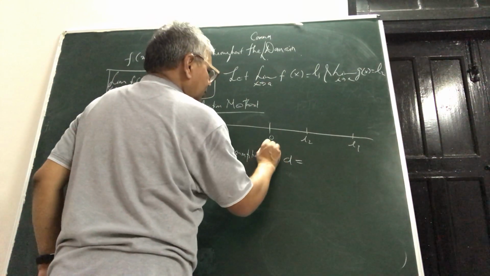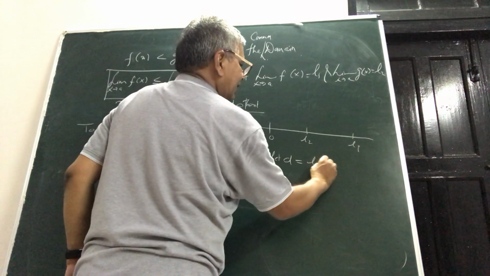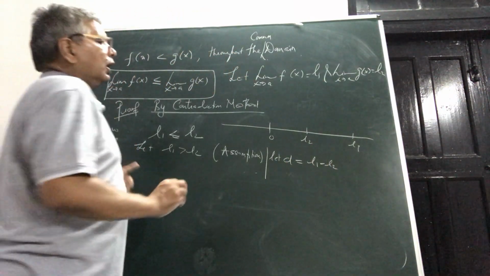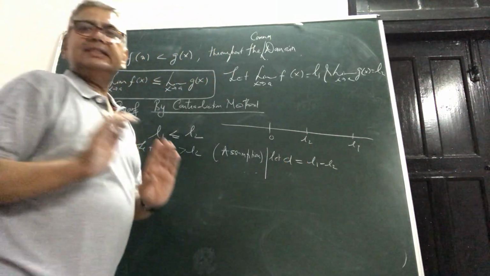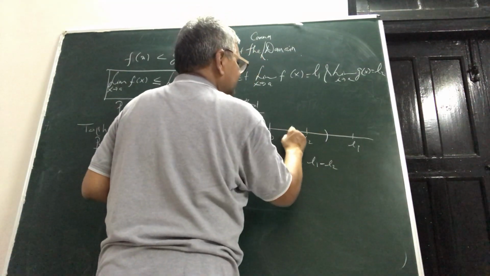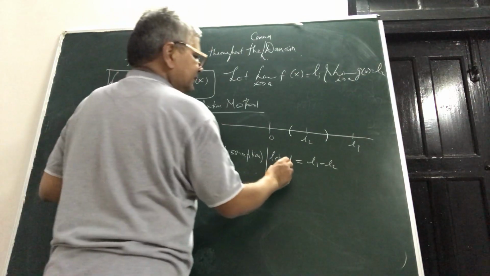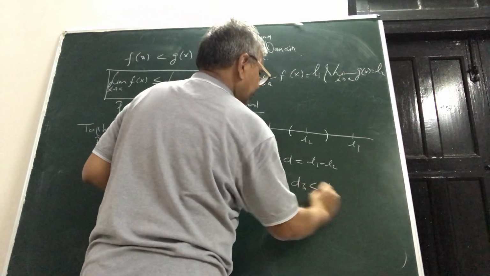Let d be equal to L1 minus L2. Then you consider an interval, and let d3 be a number less than d by 2.